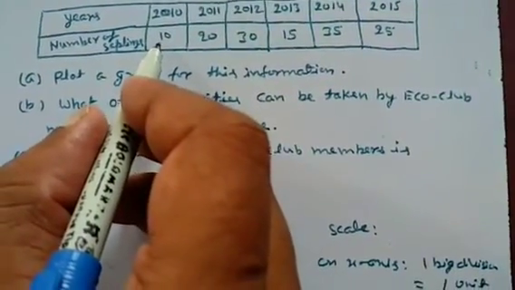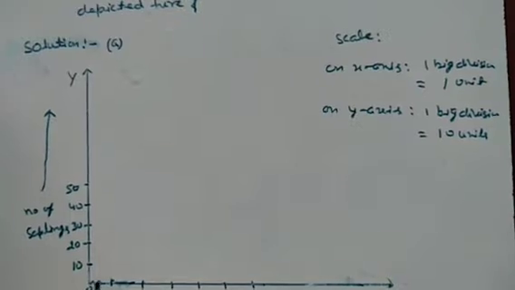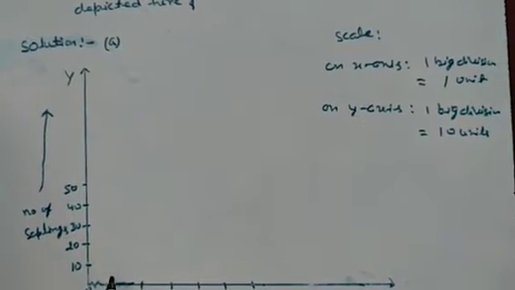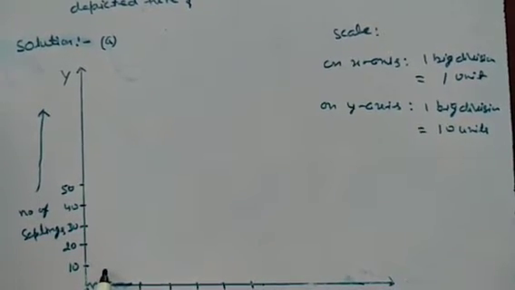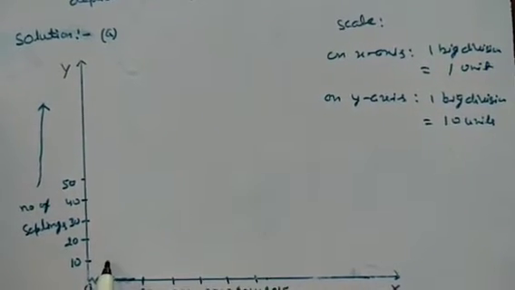2010 and 10 are the ordered pair of the first point.